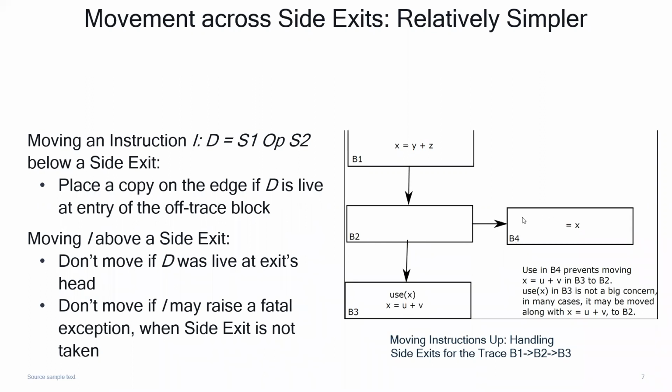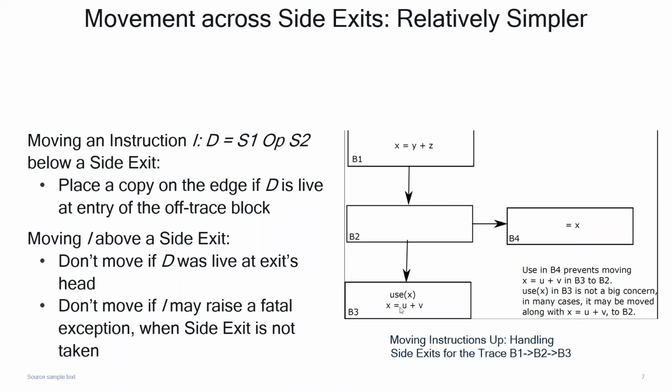Suppose that we have a floating point instruction that divides by 0 at B3. Can we move that divide by 0 to B2? Let's consider two cases. When we are following the trace, that is when B1, B2, B3 gets executed, it's okay to move this instruction to B2, because anyway we will be hitting that exception at B3.